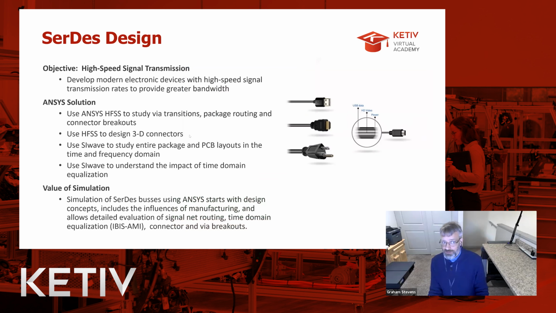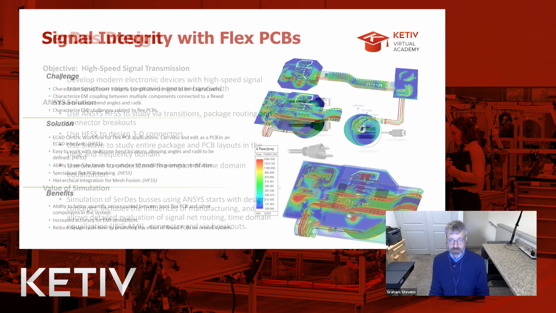So some examples is I might have a serial deserializer design. I've got typically a wire that's going into my board. We might use HFSS to actually look at the transitions in the routing, but then once we come to the board level, we use SI Wave to validate the entire signal at root and make sure the signal is getting where it needs to go.